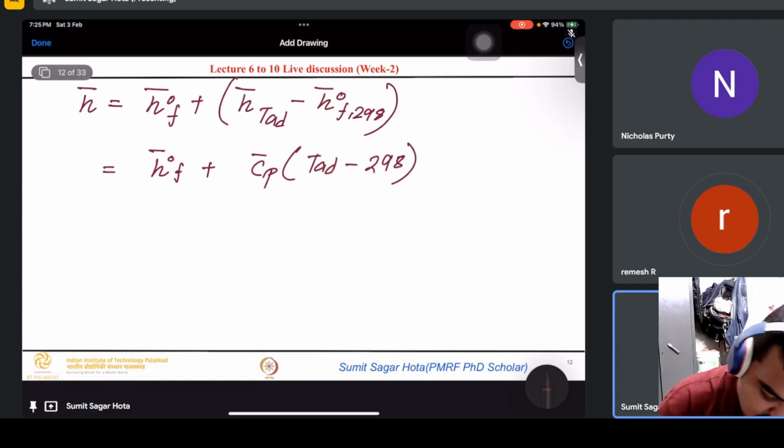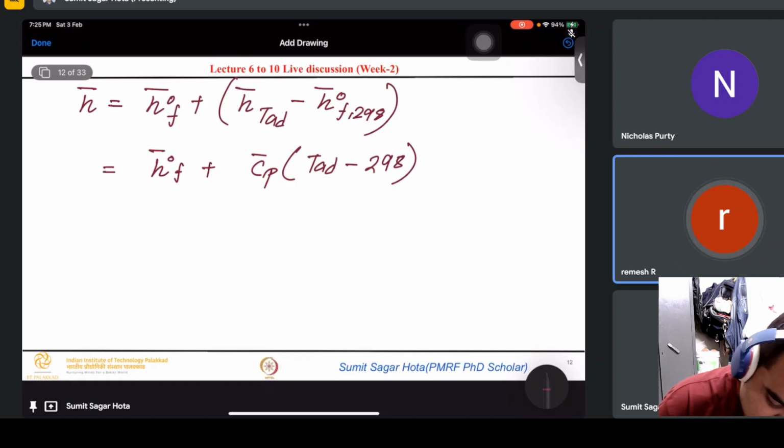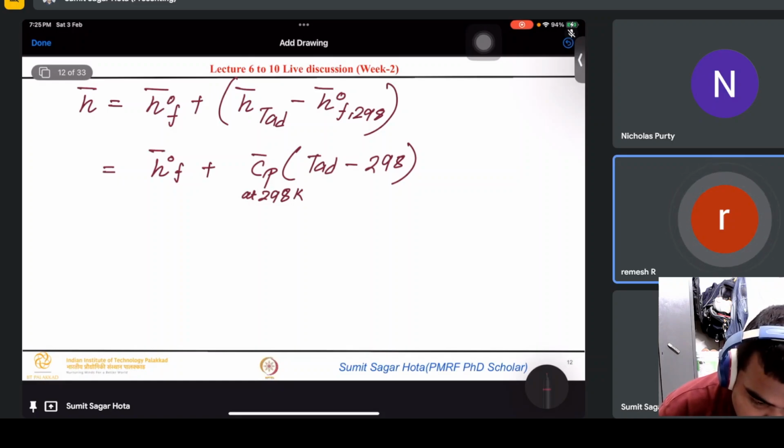And Cp at 298. Excuse me, sir. Yes. Nitrogen is on the product side now, so can it be 0, because the adiabatic temperature is there now?